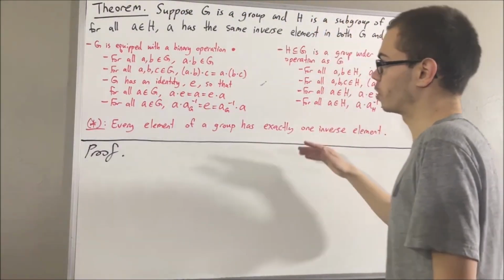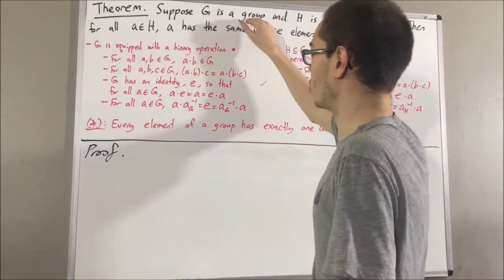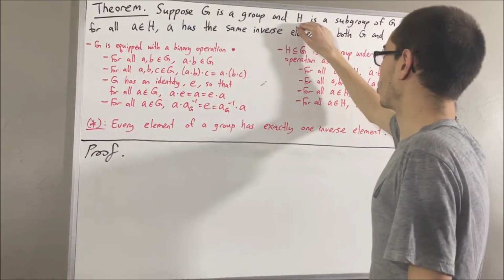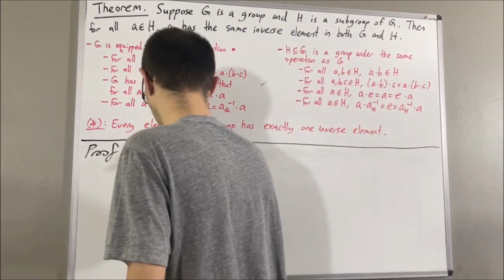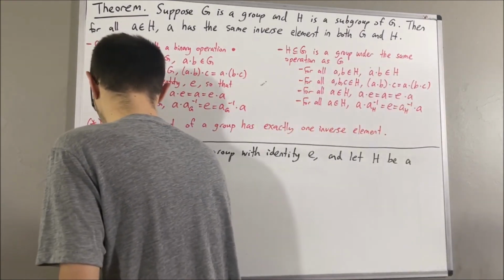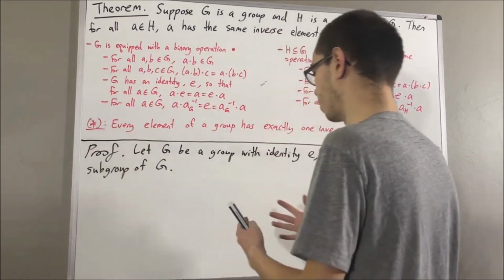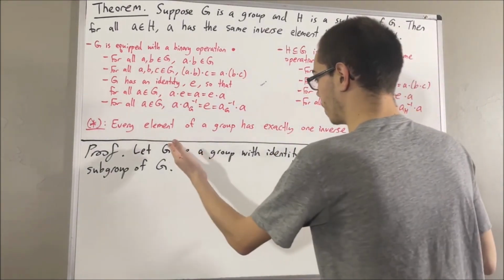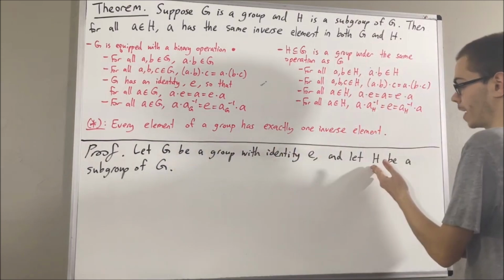Now, to start out the proof, let's first consider a group G with identity element E, and let's consider a subgroup H of G. Now, let's note, as we have previously shown, that the identity element of G and the identity element of H are the same.